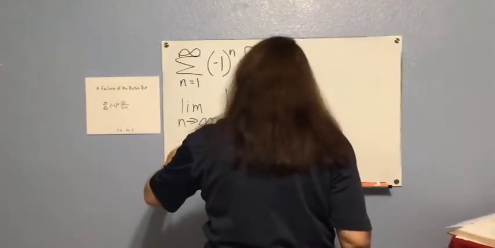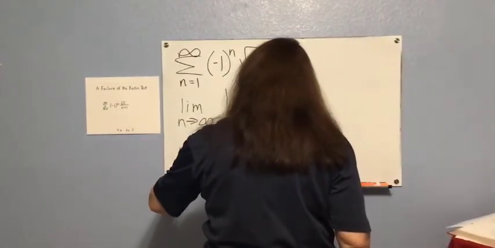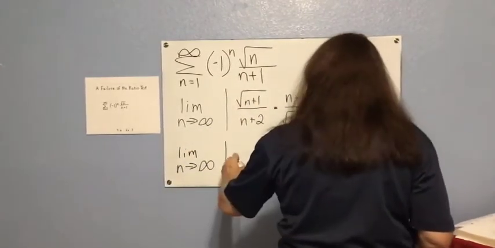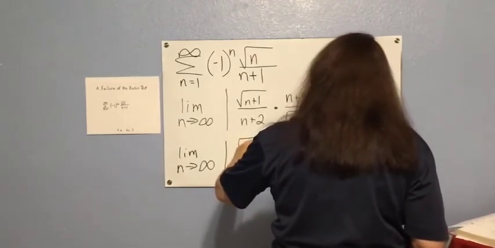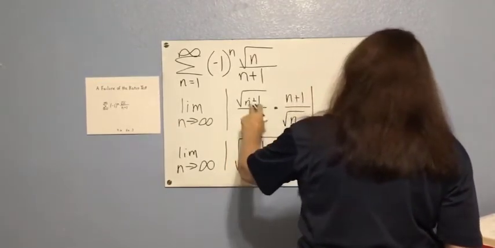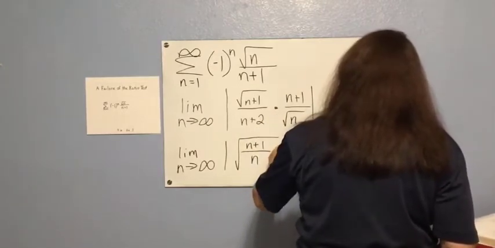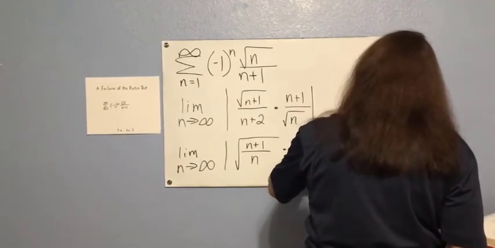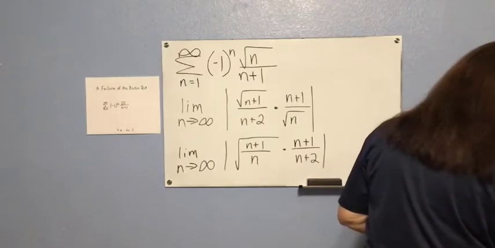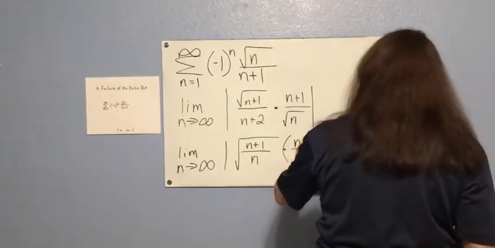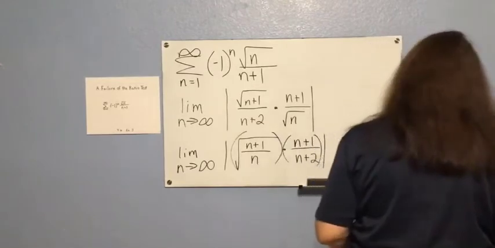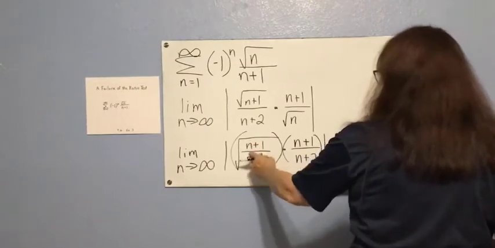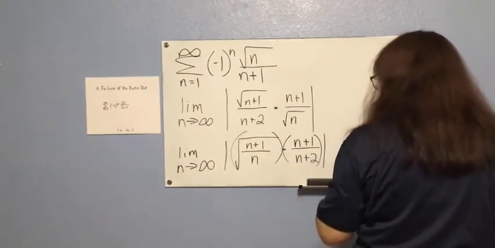And that gives me the limit of the square root of n plus 1 over n, put both of the square roots together, times n plus 1 over n plus 2. And as n goes to infinity, n plus 1 over n is going to go to 1.